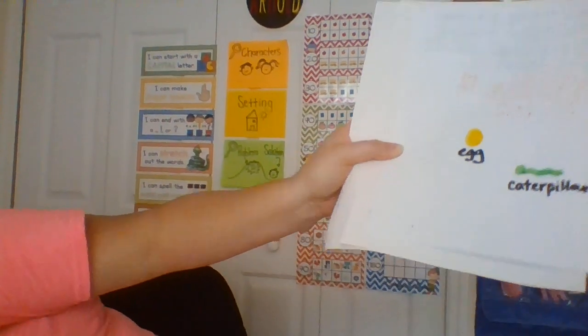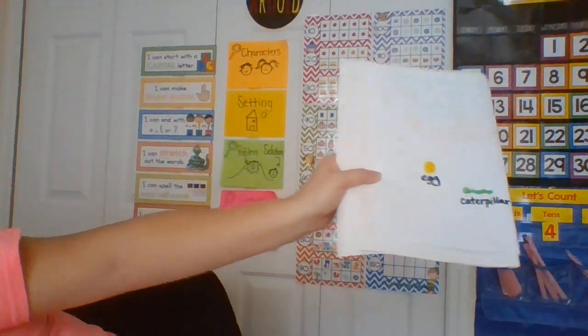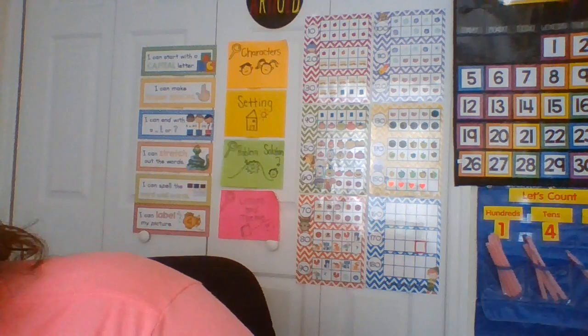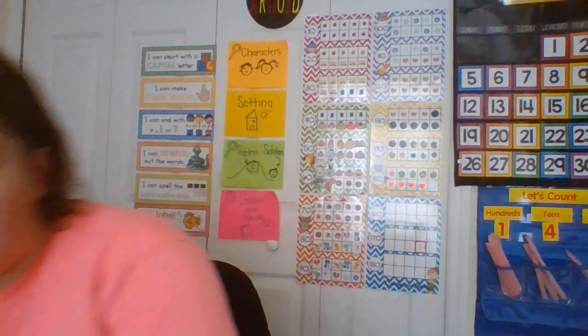Then what does it do? I dropped my brown marker and I can't get it. It becomes a chrysalis. So I'm going to draw a chrysalis. And I'm going to write chrysalis.